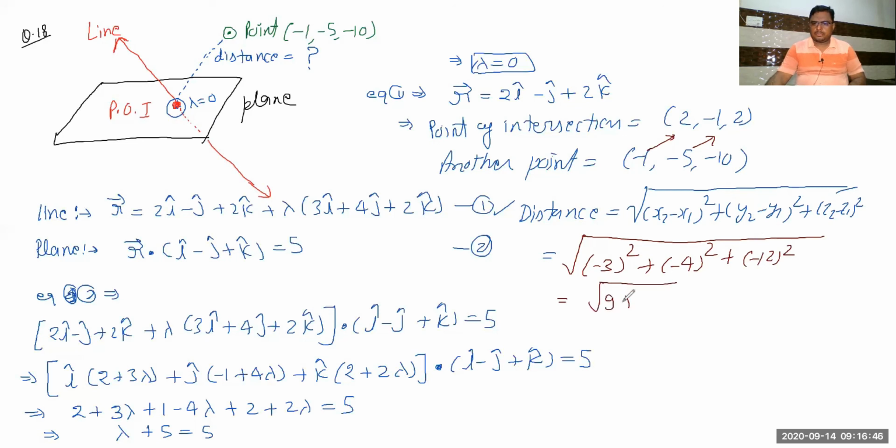It is 9, 16 and 144. It will become square root 169 and then it will become 13 units. So that's the answer for this question.